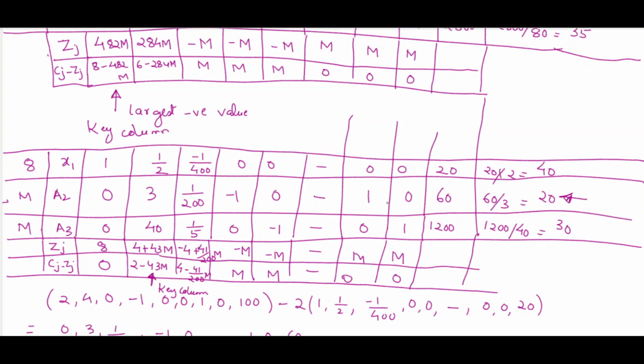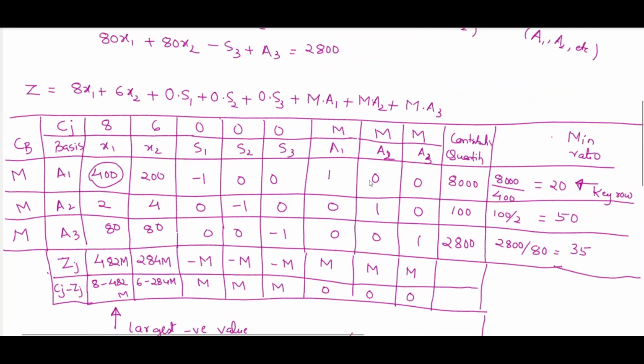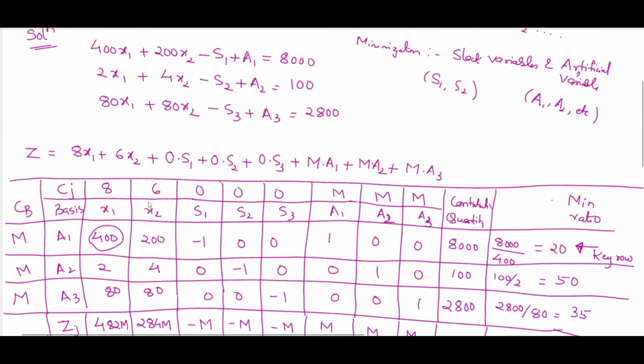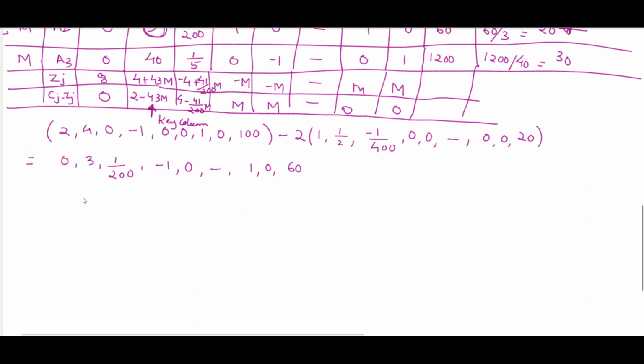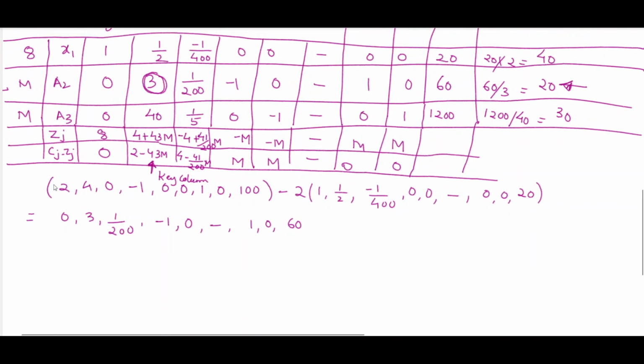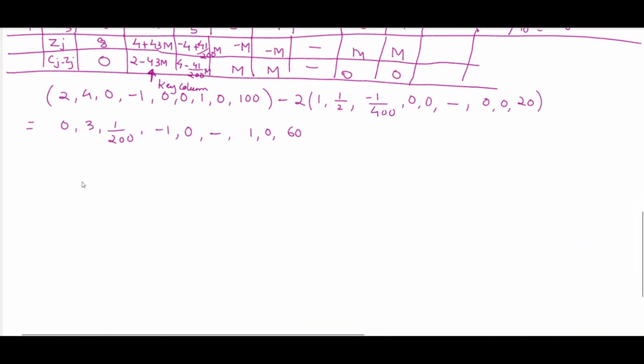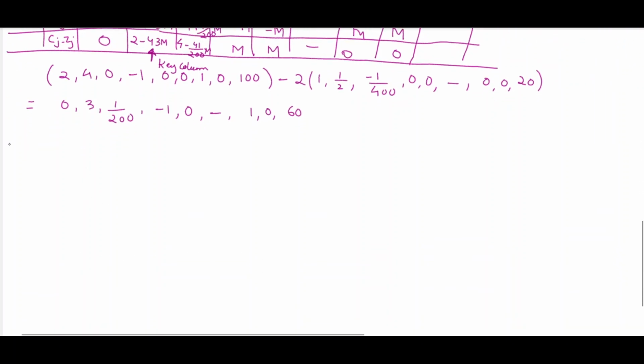So what is the intersection element? The intersection element is your 3, and this 3 belongs to your x2. So x2 will be the incoming element and A2 will be the outgoing element in the next iteration. So you will draw like this.